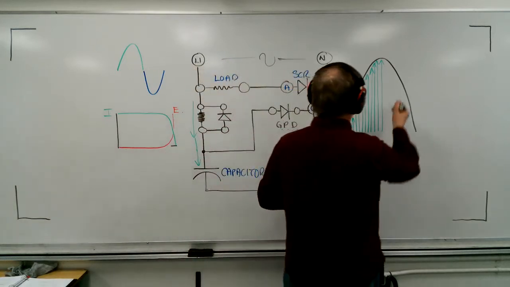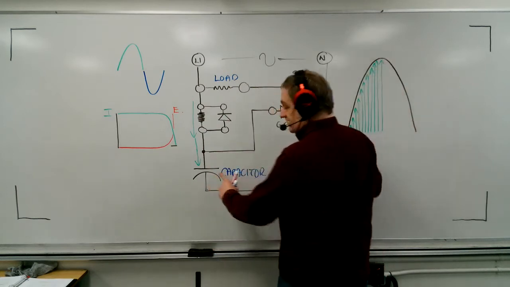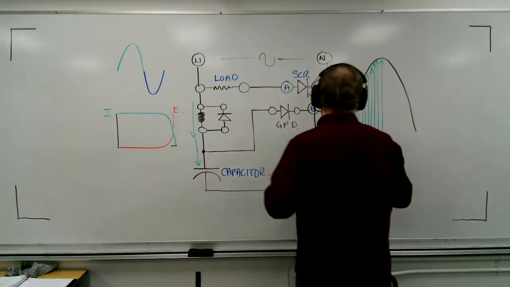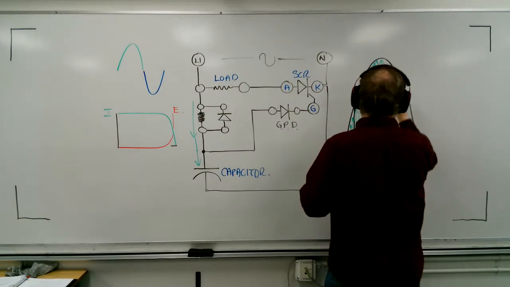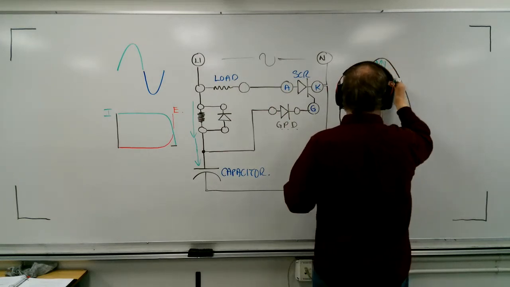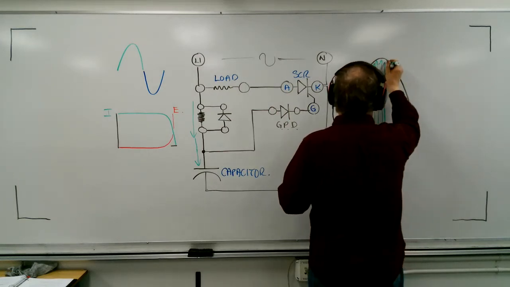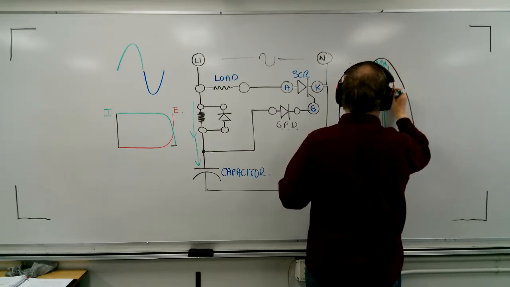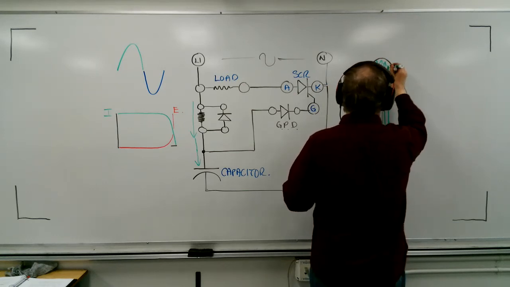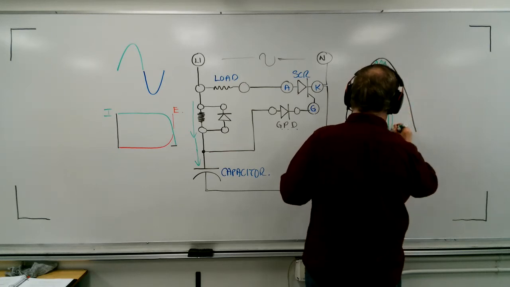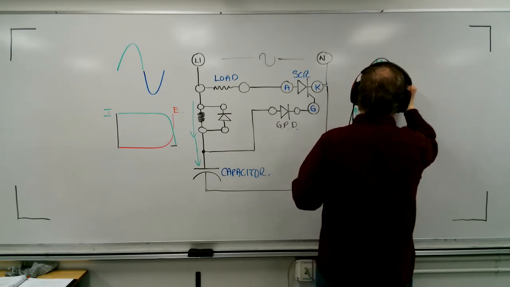Our current reached its highest point, but the capacitor is not full yet. And so what happens is our current is still flowing in, even though the rate of current flow is slowing down, it is still filling the capacitor.